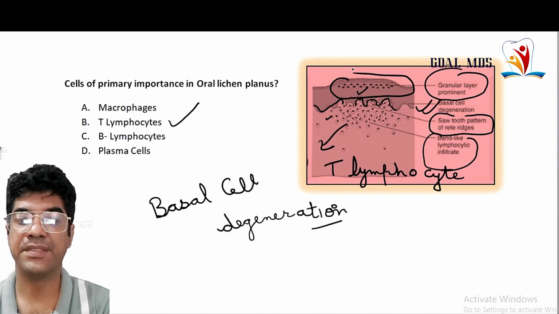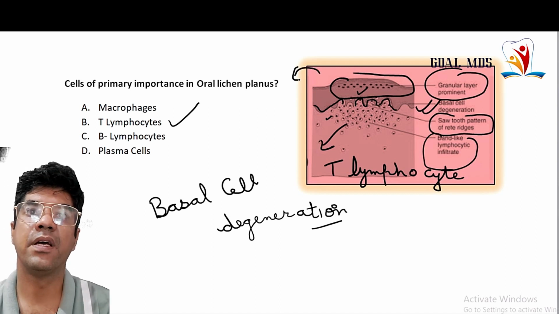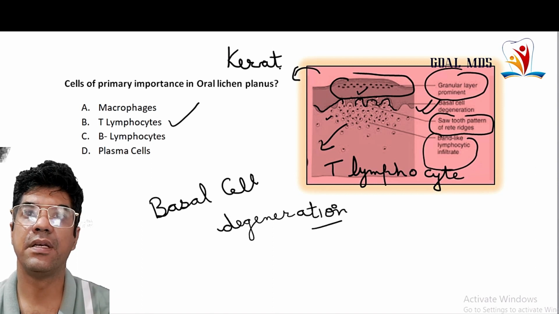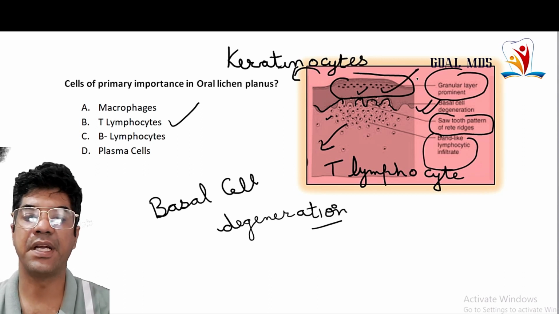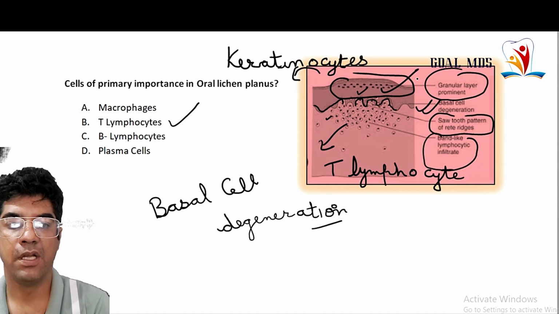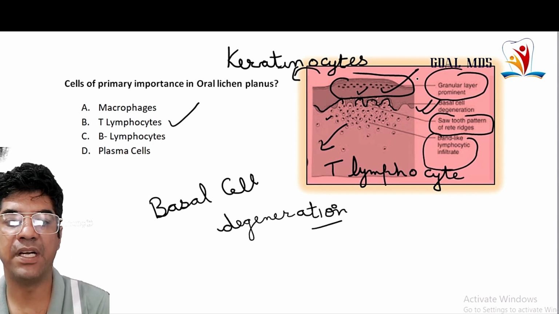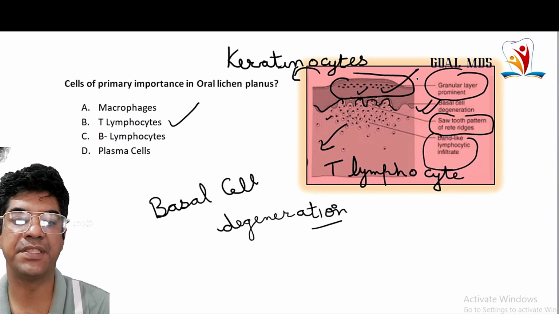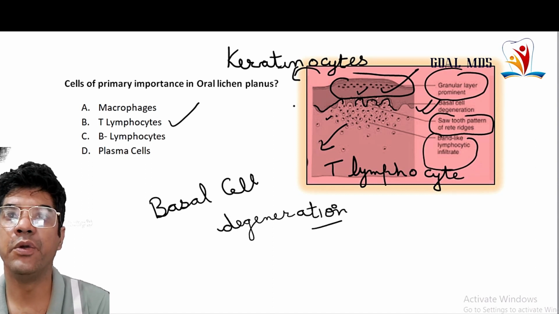That refers to an increase in the number of keratinocytes with visible granules in their cytoplasm. So this granular layer may be the result of increased keratinocyte turnover due to the inflammation process.